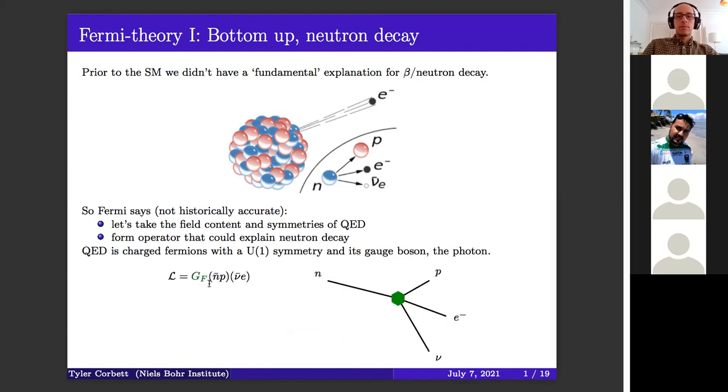You write down some operator here, which connects a neutron, a proton, a neutrino, and an electron, and you just put some coupling out front. And this term in the Lagrangian gives a 4 fermion interaction that could describe neutron decay. And to keep the action unitless, this G_F needs to have units of 1 over some mass quantity squared.